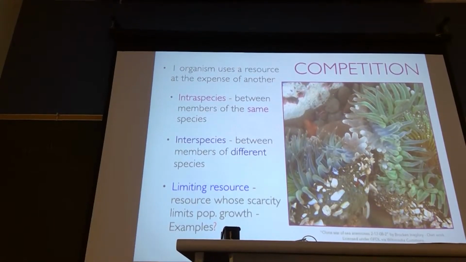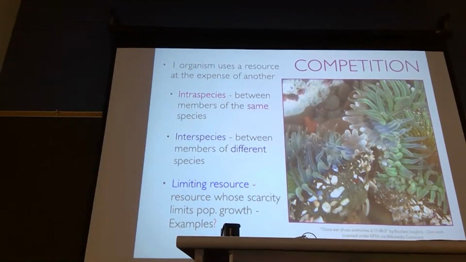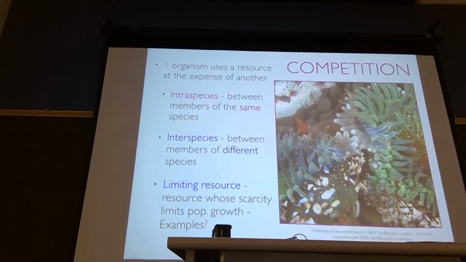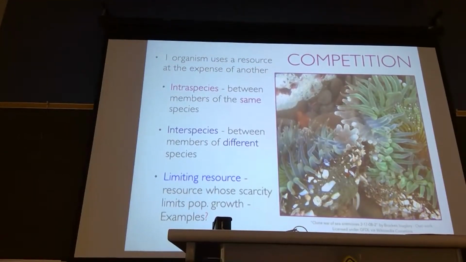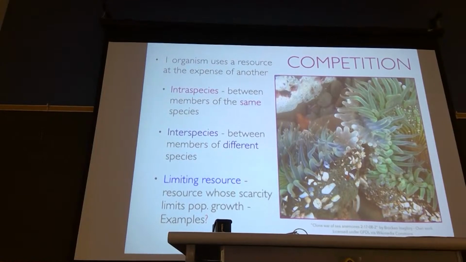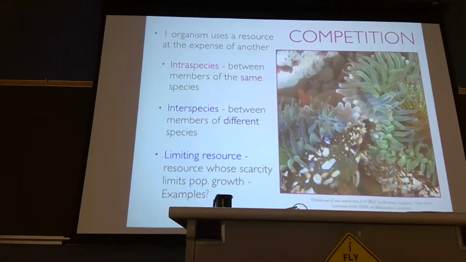Again, it's intraspecies, I-N-T-R-A, if the competition is between members of the same species. So we have two anemones here which are competing with each other for space and essentially access to the food resources that come along with that space. The anemones will sting each other in order to drive others away.